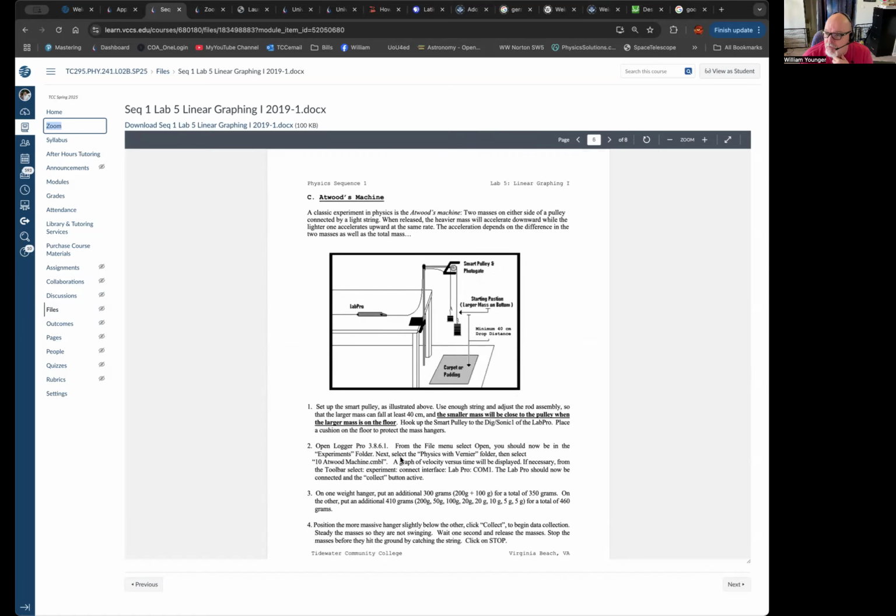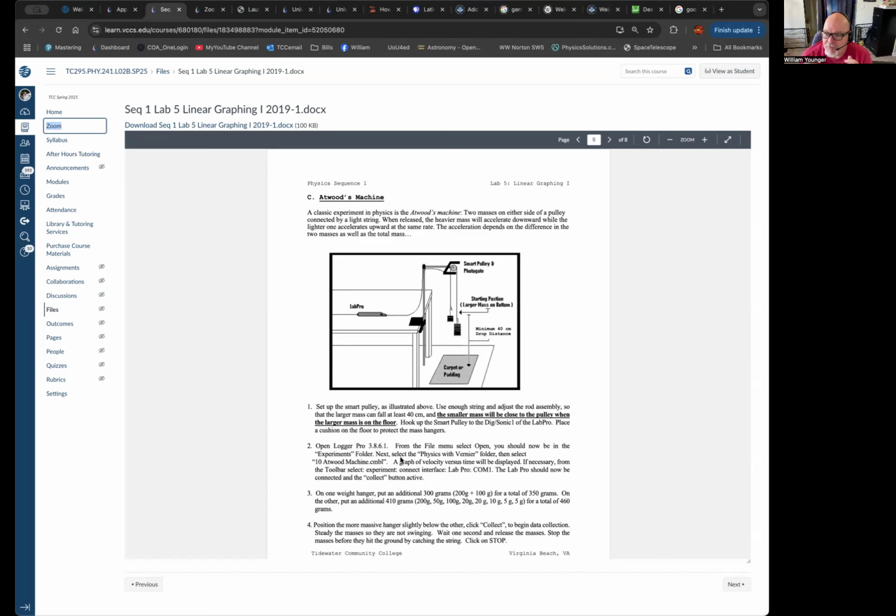Then you're doing the Atwood machine. Now, I mentioned to you what's special about this Atwood machine is that you are going to have a number of differences in masses. So, for instance, and I'm making these numbers up, they're not necessarily consistent with the numbers that the lab tells you, if you considered that you were taking, let's say, 500 grams as the total mass on the two hangers, you would always keep that total mass M1 plus M2 equal to 500 grams.